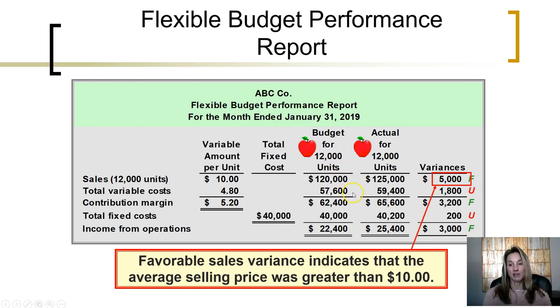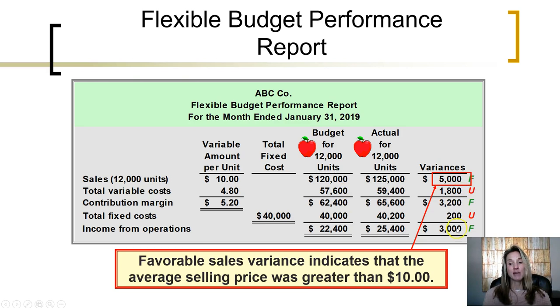For variable cost, our actual variable costs were $59,400 compared to the budget of $57,600 for selling 12,000 units, an $1,800 unfavorable variance. Unfavorable because our actual costs were greater than what our budget says our costs should have been.